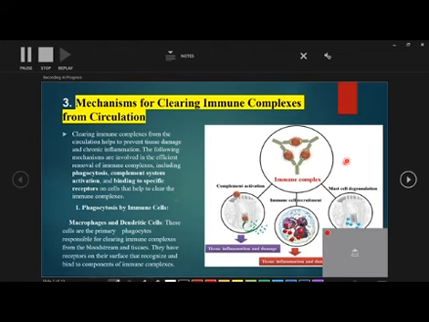This is a diagram which highlights how these immune complexes are cleared. For example, they are cleared through phagocytosis, which is done by phagocytic cells such as macrophages and neutrophils, hence stopping tissue inflammation and damage.